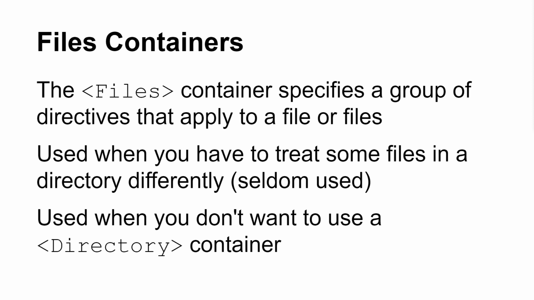It's really meant for if you have specific files that you want to have custom permissions or custom options that are not superseded by the directory container, where you want to use the Files container. So this goes into our inheritance and our hierarchy, that the defaults at the higher level can be overridden by settings at the directory or even the specific file level as you go down the context there.